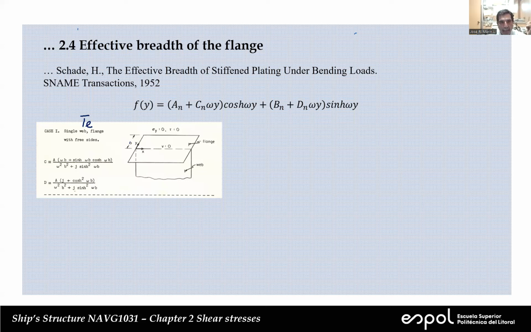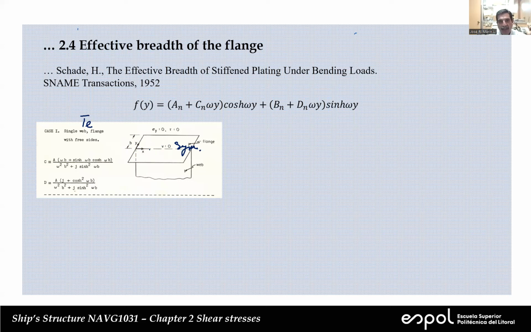So b, you can see here, little b is half of the total breadth of the flange. Now here in the central part, you have symmetry, right? So this is little v, so there is no displacement in the y direction because there's a symmetry plane.